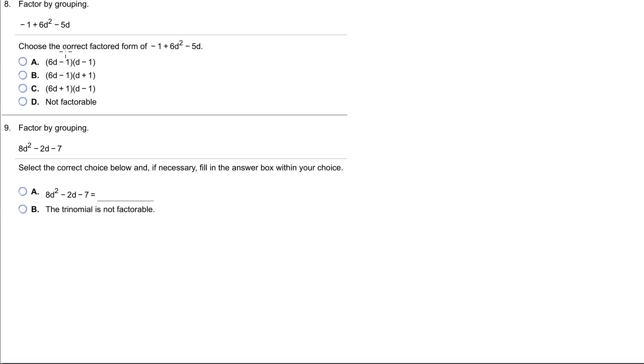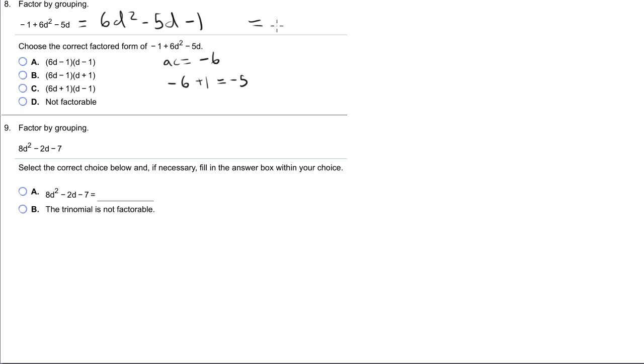We're doing more factoring here. This says factor by grouping. And I'm going to rewrite this as 6d squared minus 5d minus 1. And AC in this case is equal to 6 times negative 1, or negative 6. So we're going to break it apart and do a negative 6 plus 1, which gives us negative 5.